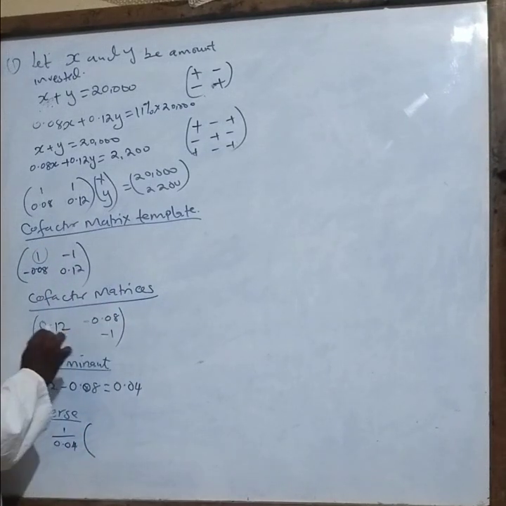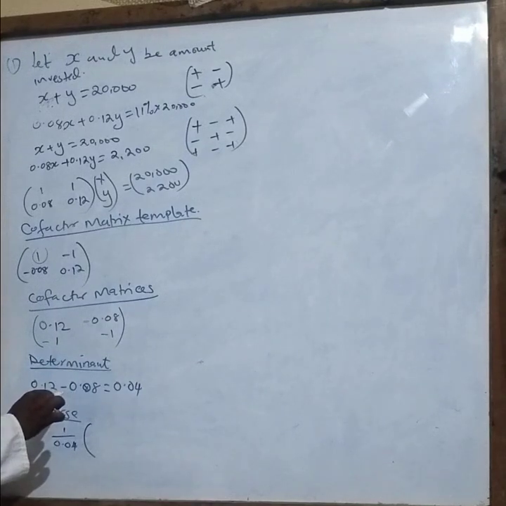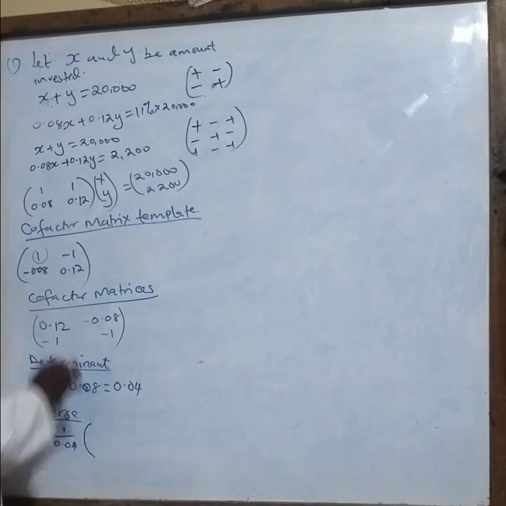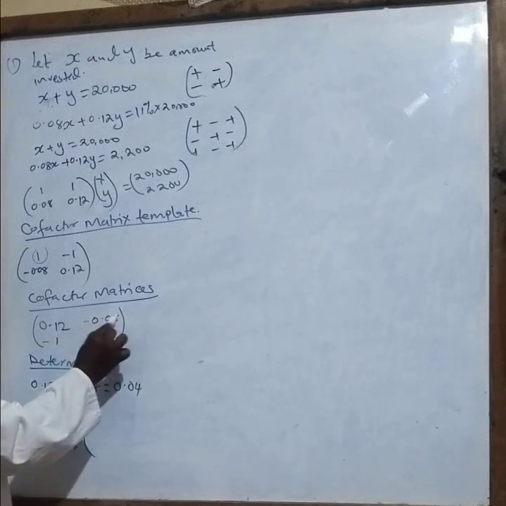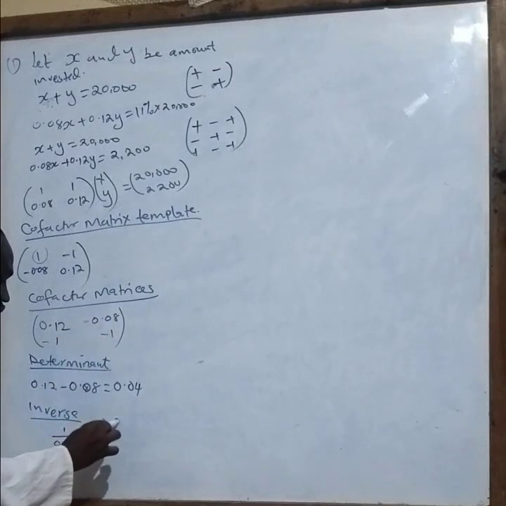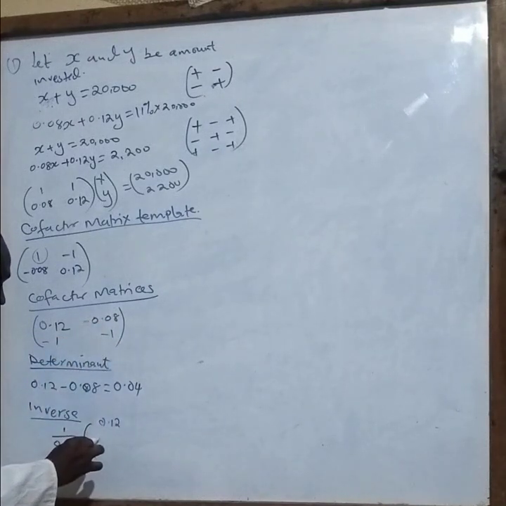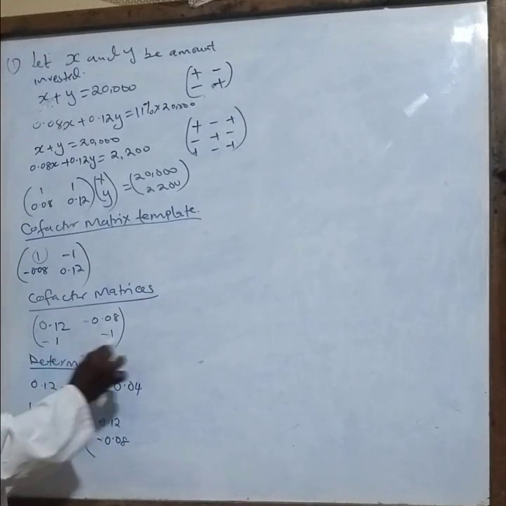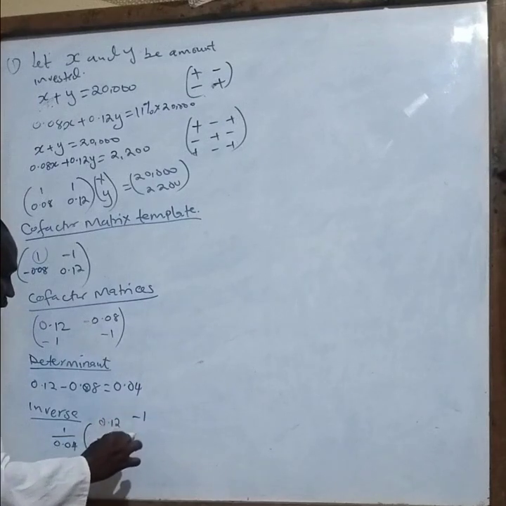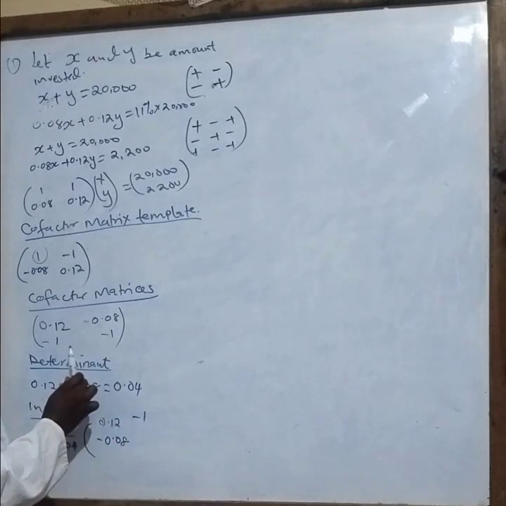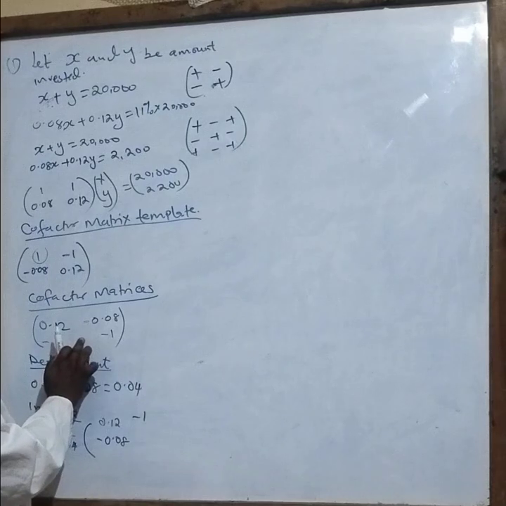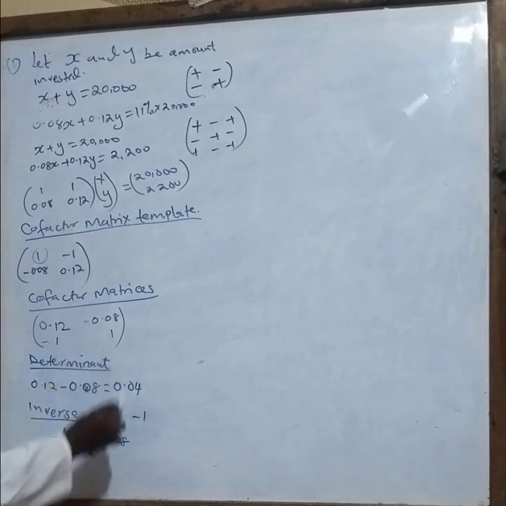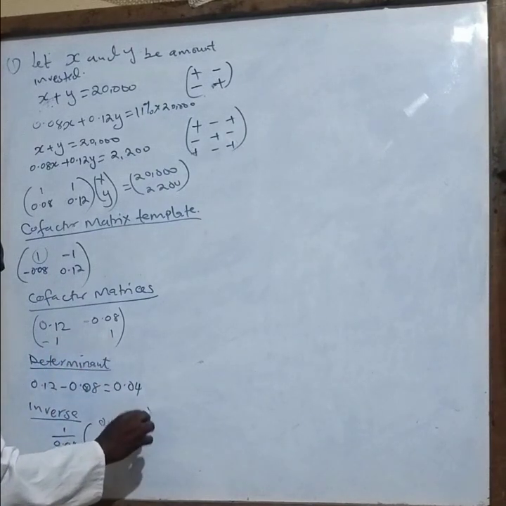So interchange this one to be like this. That's now the transpose. So this one will be a column of 0.12. This one will come down as negative 0.08. Then this one will be negative 1. Then see that negative 1? There is a positive 1. So here, this is a positive 1, like that.